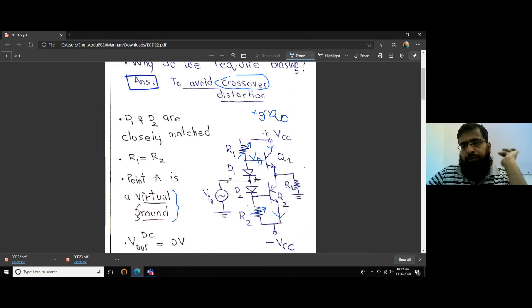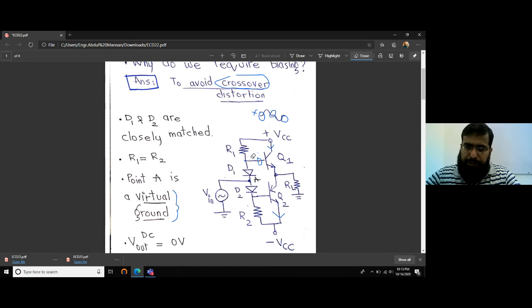So if we change R1 and R2, we can vary the current flowing through this resistor, and the same current flows through this IC. So IC can be controlled using this resistor by making R1 variable. We don't actually make this variable, because we set it once, and that sets the value of IC.